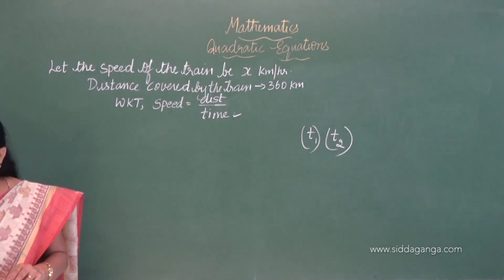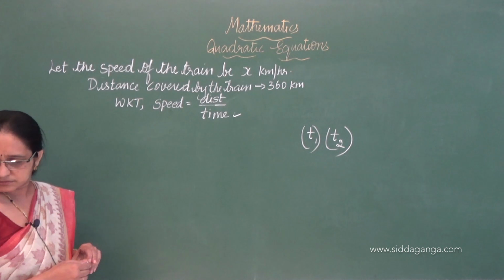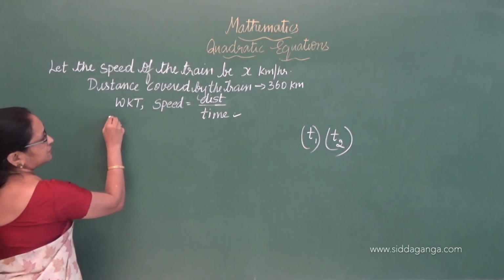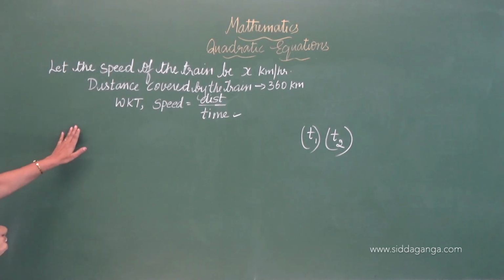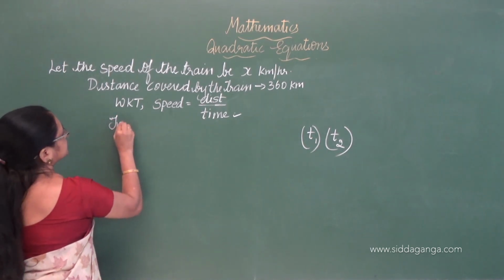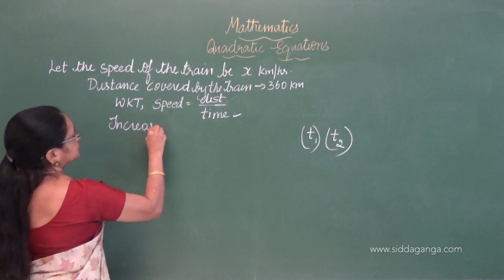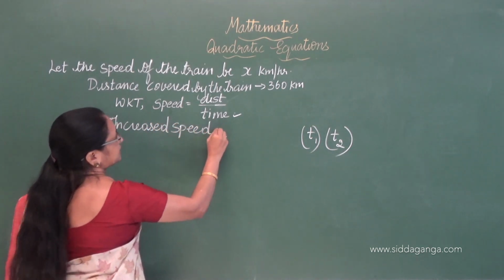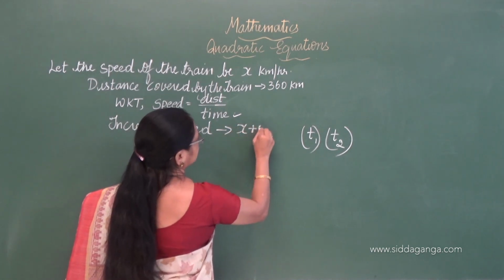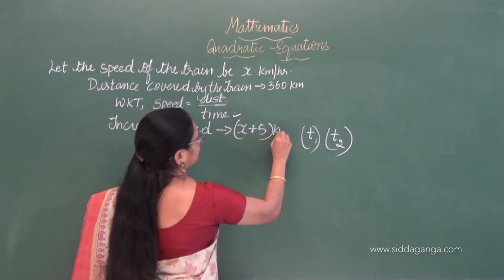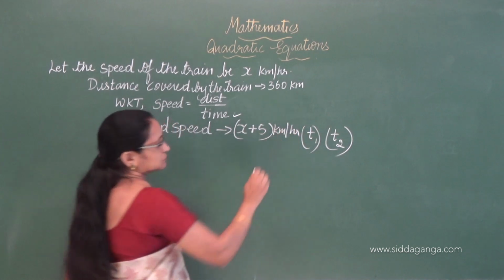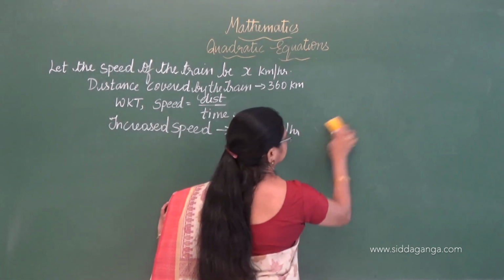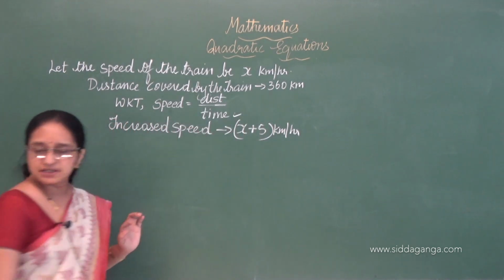Now let us take the increased speed. The speed is increased by 5 kilometer. Now let us take T1 and T2.